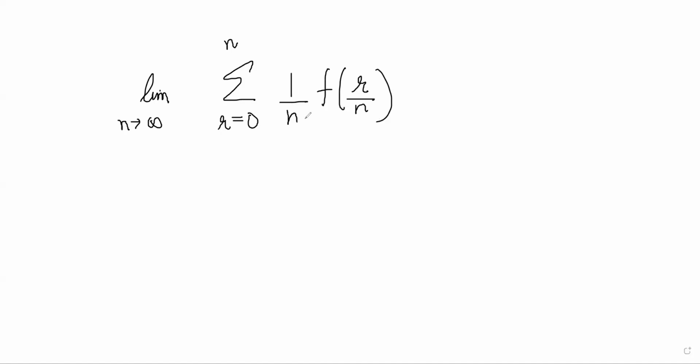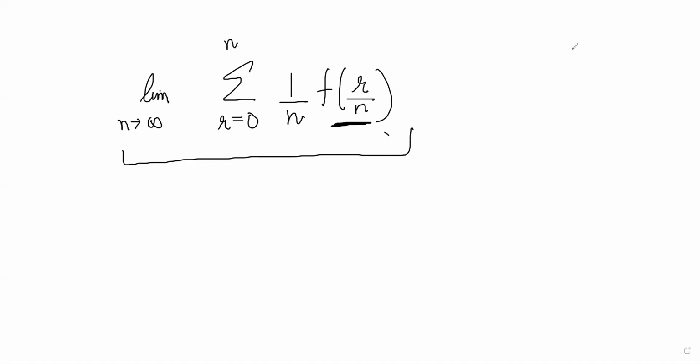Suppose you have a limit as n tends to infinity of a summation over r, r goes from, let's say, 0 to n, of some function of r by n, and there is a 1 by n also.